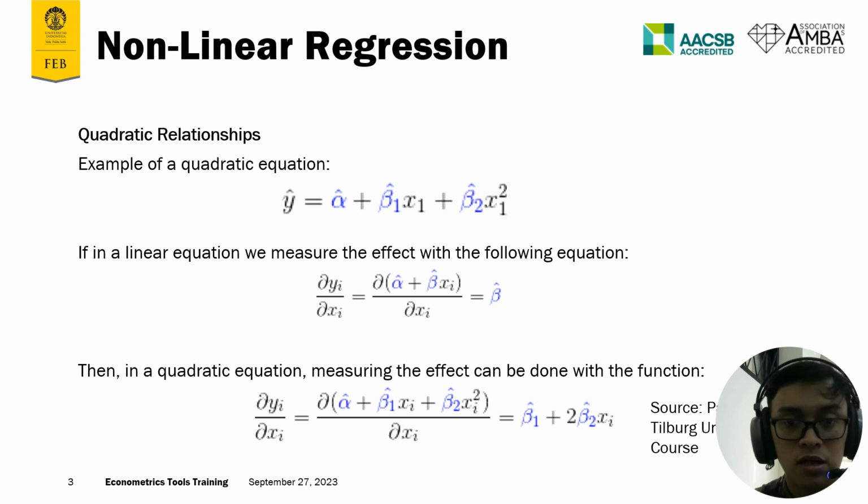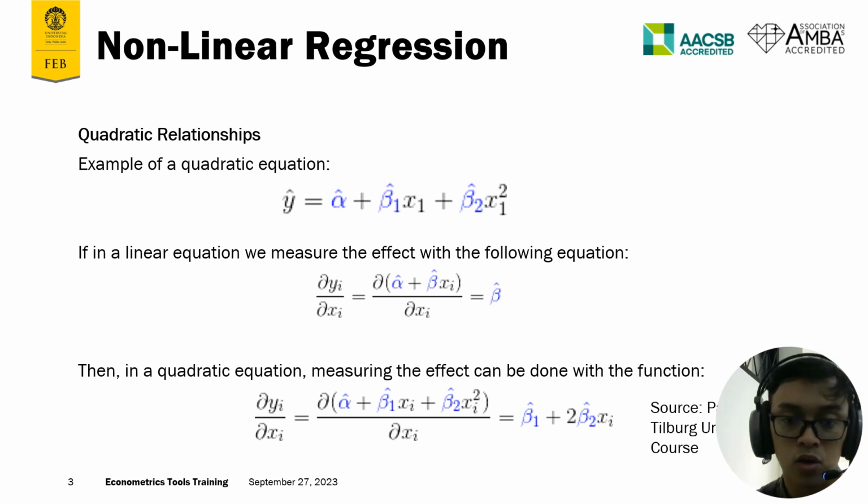Here we have a quadratic equation, where the model is y equal to alpha plus beta 1 x1 plus beta 2 x1 squared. This is the quadratic form, and here we see that the parameter is still linear.